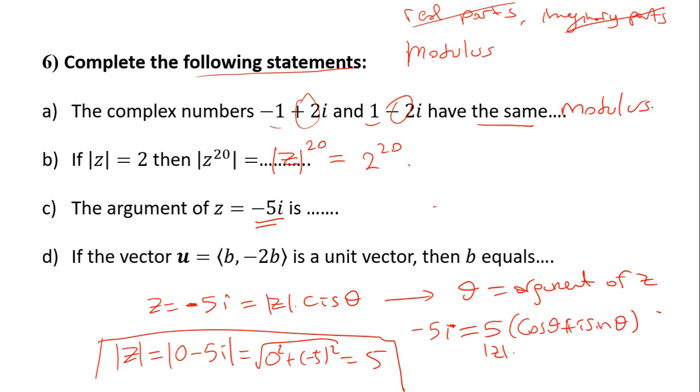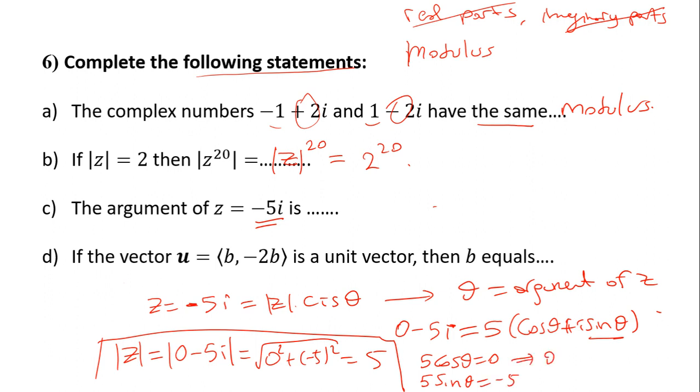So if you want to match the real part with the real part and the imaginary part with the imaginary part. The real part here is 0, so 5 cosine theta will be equal to 0. And when you match the i part, you will get 5 sine theta is equal to minus 5.